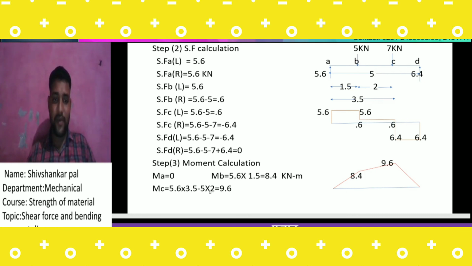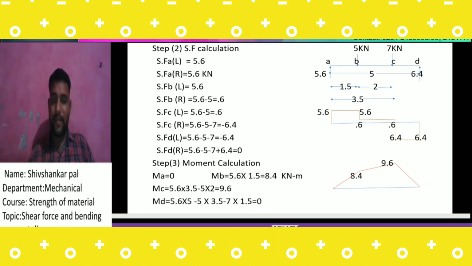So minus 5 into 2, and the resultant is 9.6. So the moment about point C is equal to 9.6. At point B it is 8.4 and at point C it is 9.6, so directly take a scale and draw the line from 8.4 to 9.6.